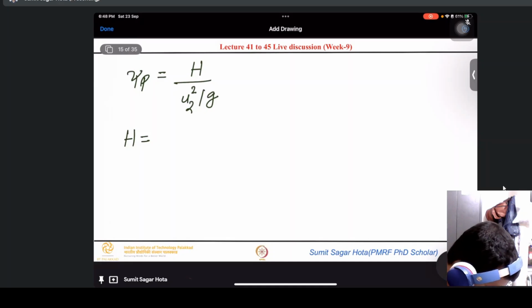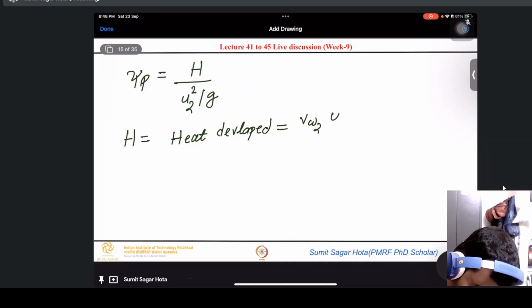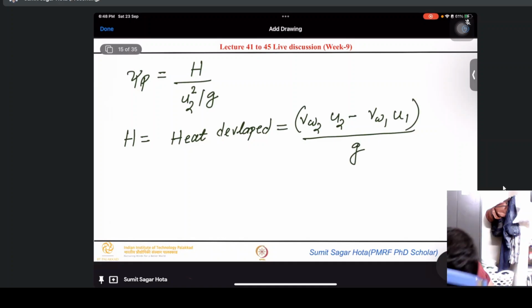What is H? Heat developed, H is equal to (V omega 2 U2 minus V omega 1 U1) divided by g. For a centrifugal compressor, what are the conditions?